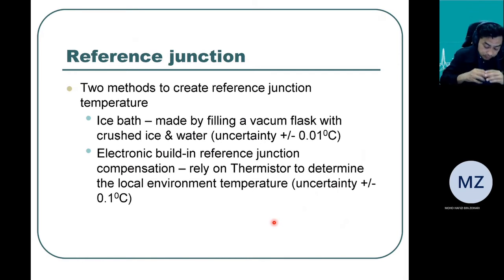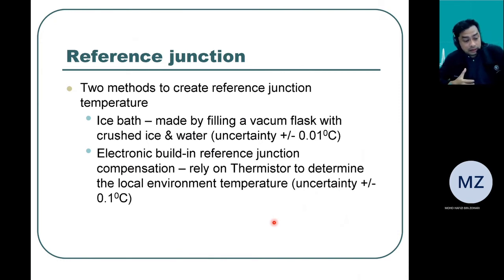But if you use, let's say, environmental temperature, you must have another temperature sensor to measure that temperature. For this case, we're going to use a thermistor or RTD. But the thermistor has high accuracy. Sorry, it has very low uncertainty compared to the RTD. So better we use a thermistor. But if you compare to the ice bath, the uncertainty for the ice bath is a lot lesser than environmental temperature using a thermistor.